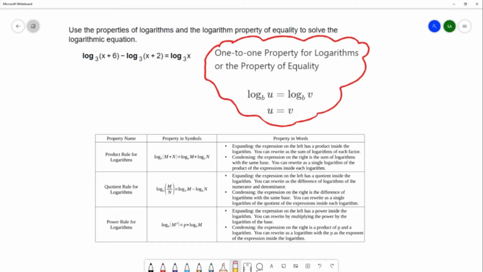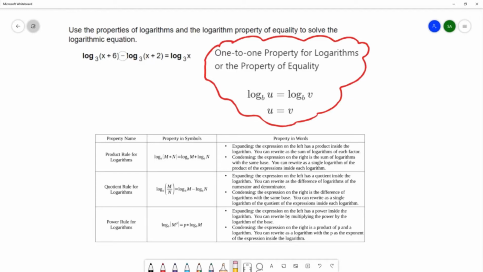So we really want to be able to use this property here. When we look at the equation that we have, here's our equal sign. On the right-hand side of the equal sign, I do have a log with base 3, so it looks very similar to the right-hand side of our property. However, the left-hand side doesn't have just a single log, it has multiple logs being subtracted.